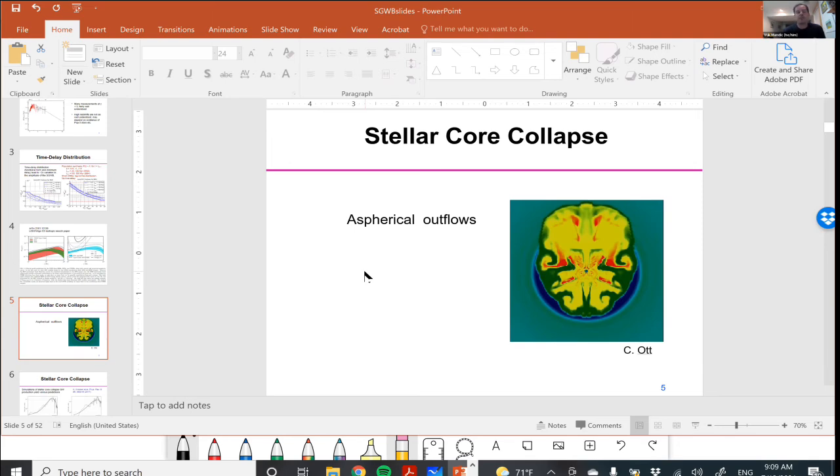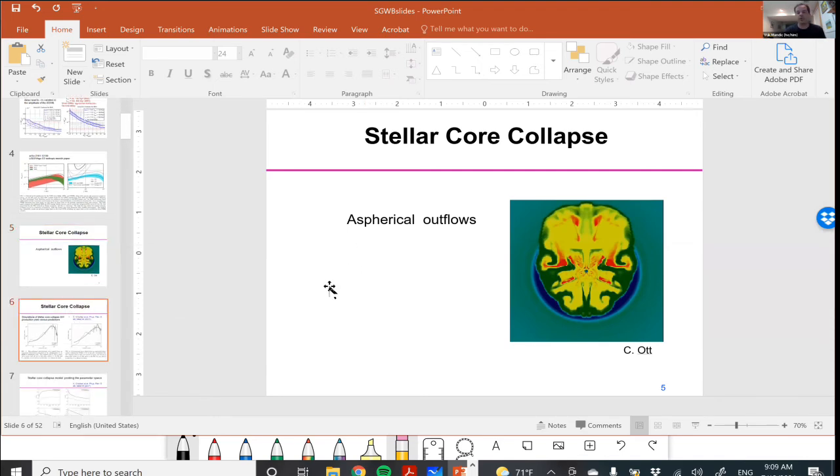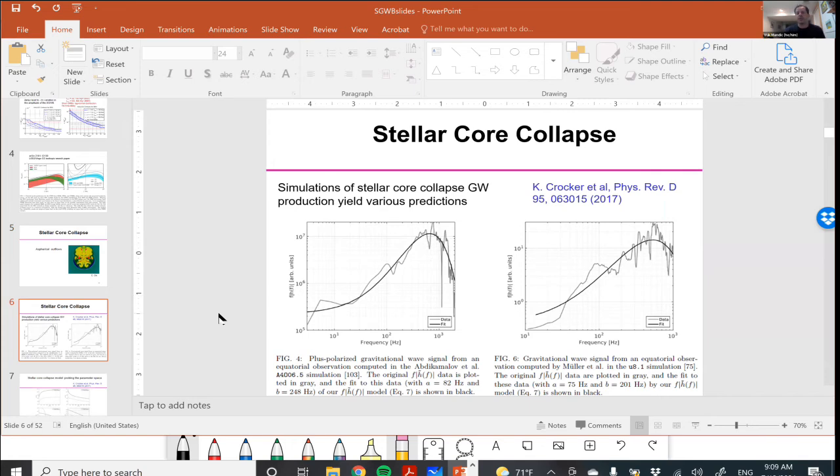As I said, there are simulations out there that try to simulate the collapse, and during the collapse also calculate the gravitational wave emission. And I wanted to show a couple of those.